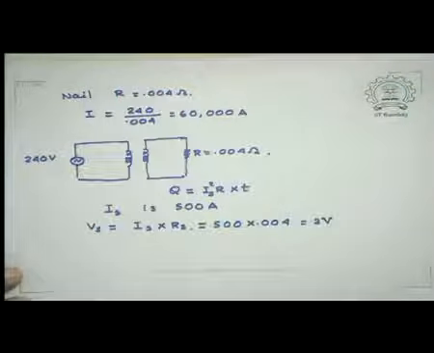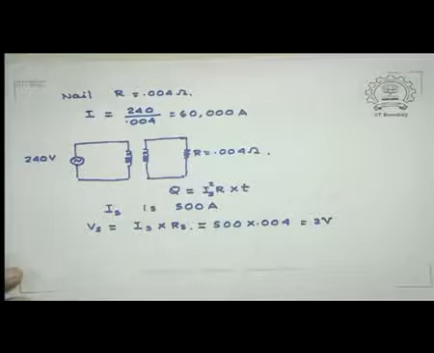So then what I have is the following, that the current Is times Rs, that's the secondary voltage Vs, that is 500 multiplied by 0.004, which is just equal to 2 volts.